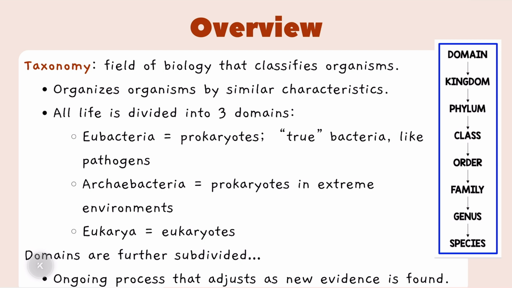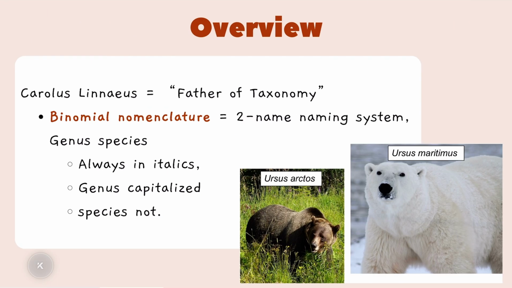Then you've got class, order, family, genus, and species. This is really interesting because this filing system changes as we find new organisms, because if we find an organism that doesn't fit into one group and fits into the other, we have to reclassify what our boxes are to put those organisms in.